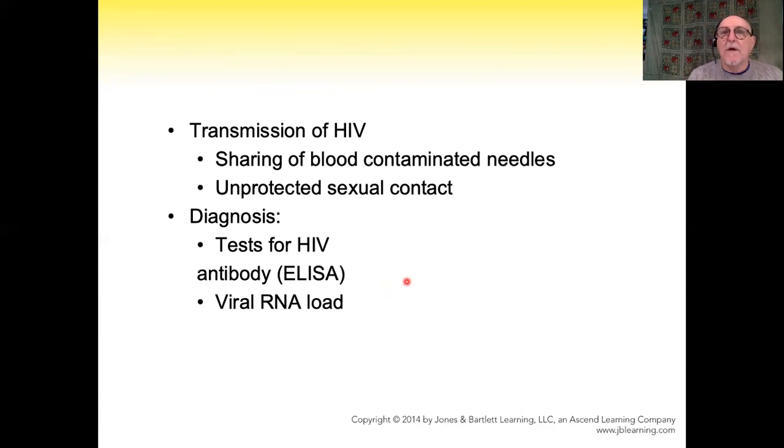So, for example, the continued importance, even now, of emphasizing to people the importance of protecting yourself during sexual contact, wearing condoms, limiting partners. All of these strategies work. They worked. They reduced the incidence of infection by HIV long before we had any available treatment.